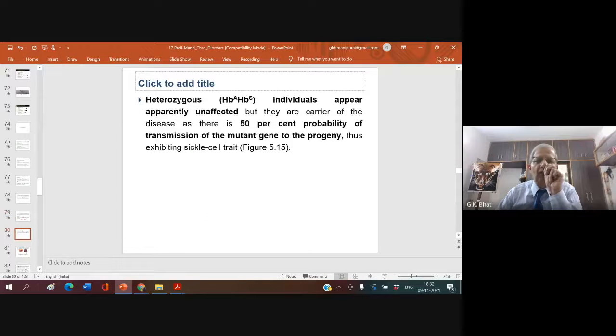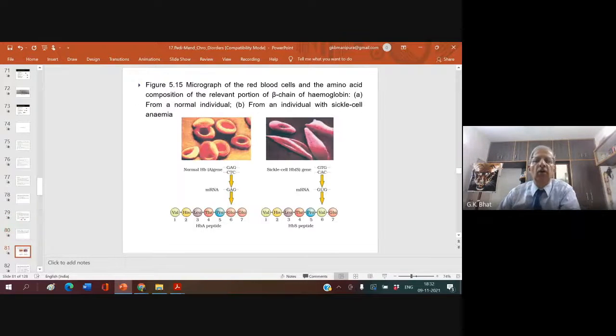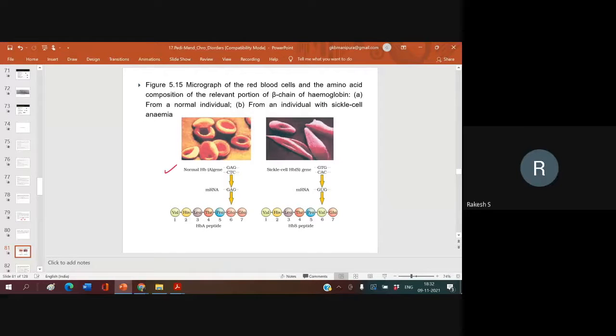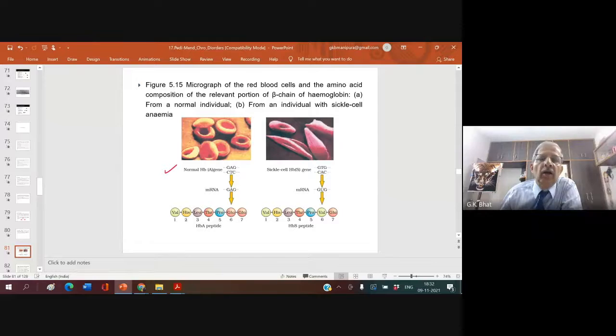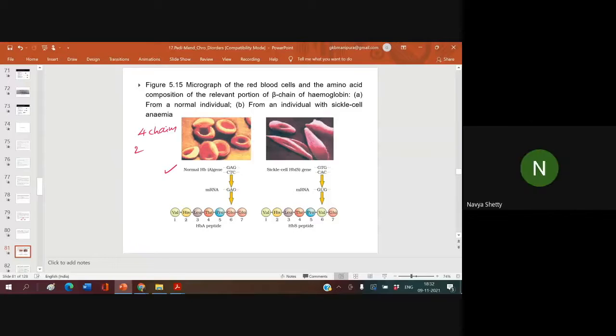Now, what is sickle cell anemia? Have I taught this in my last class? Hemoglobin is made up of 4 chains. What are they? 2 alpha and 2 beta.